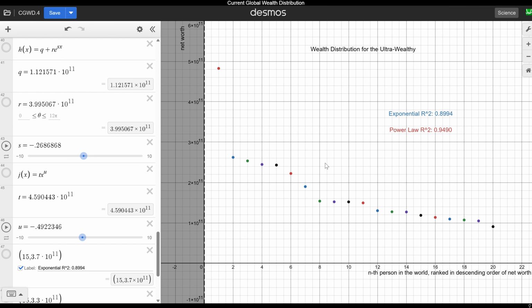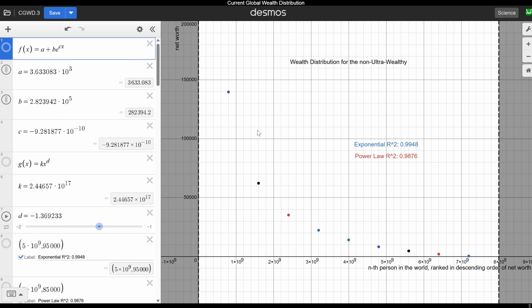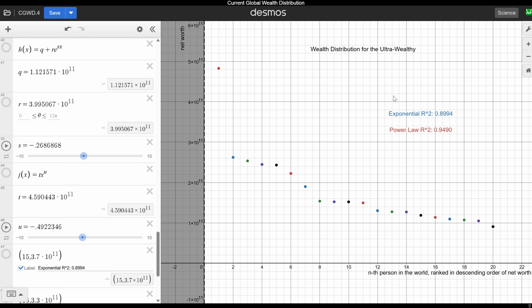These data points are much more volatile than the data points describing the wealth for the non-ultra wealthy, meaning the r-squared values corresponding to the curves for the ultra wealthy are much more subject to change. But we will soon see why, regardless, the power law distribution is much better at describing wealth for the ultra wealthy.